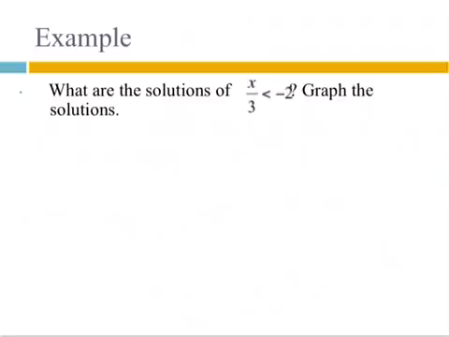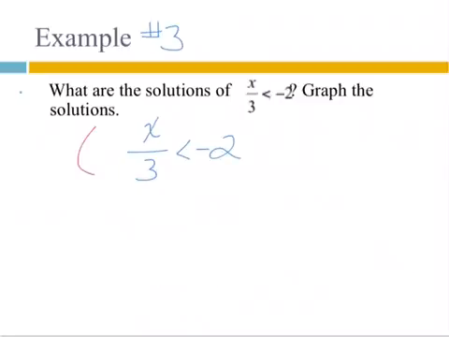In your notebook, this should be example number 3. Make sure this is written down, as is 1 and 2. For example 3, you need to write x over 3 is less than negative 2. Once again, we are going to solve to determine the solutions, and then we will graph the solutions. Well, in this case, x is being divided by 3.